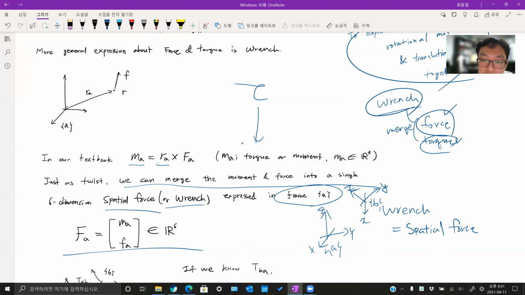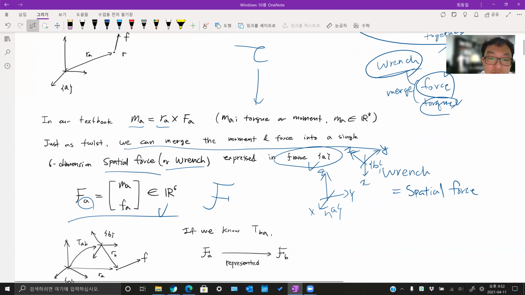Depending on this, the meaning of this value is different. So here the base frame is A, and the wrench is written as some kind of capital F, not the same one.